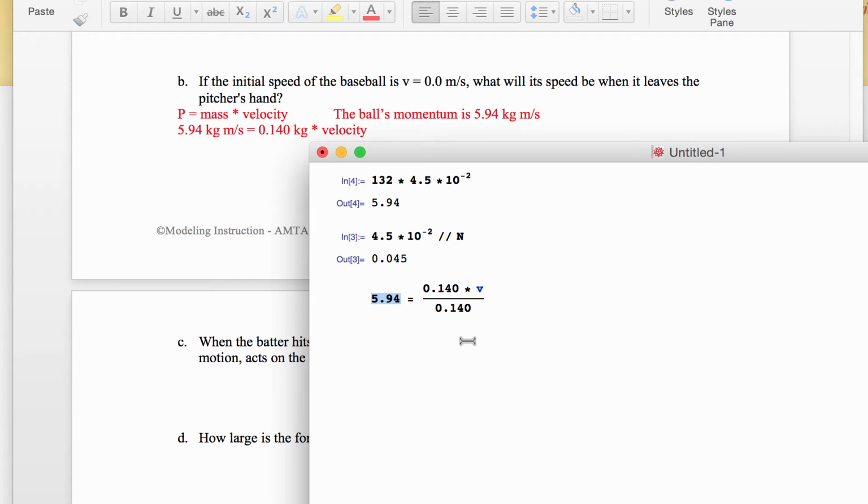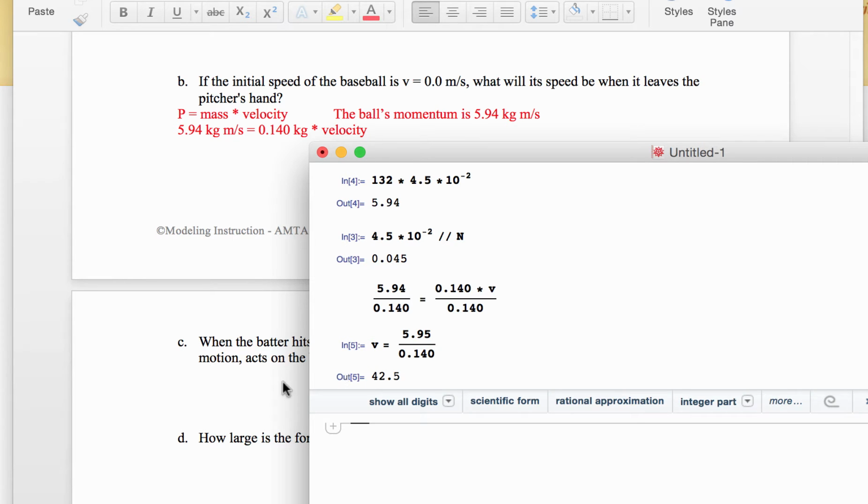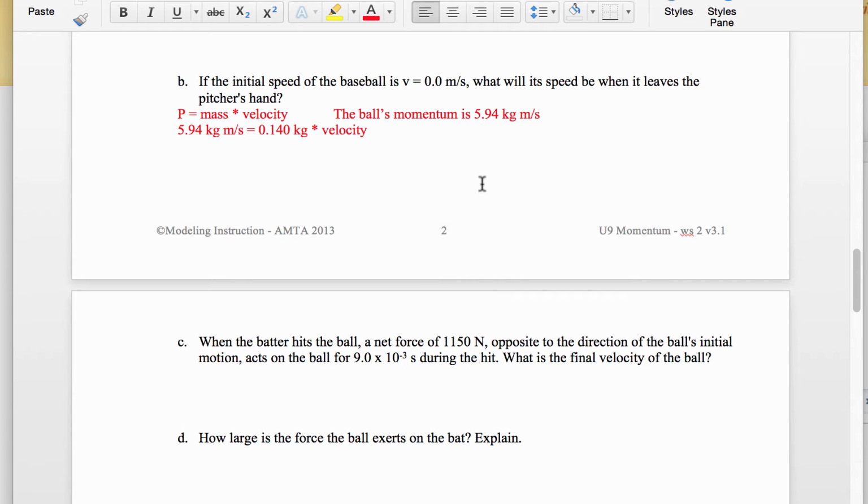But if I do it on one side, I have to do it on the other side or else they're no longer equal. So what I get is v equals 5.94 divided by 0.140, and that's 42.5. So v equals 42.5 meters per second.